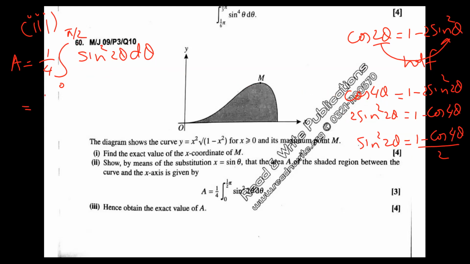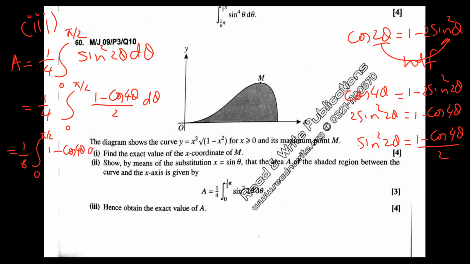So I'm getting 1 over 4, and inside I'm getting 1 minus cos 4 theta over 2. And now this 2 will go outside, same level, 2 4s are 8. Inside I have 1 minus cos 4 theta d theta.